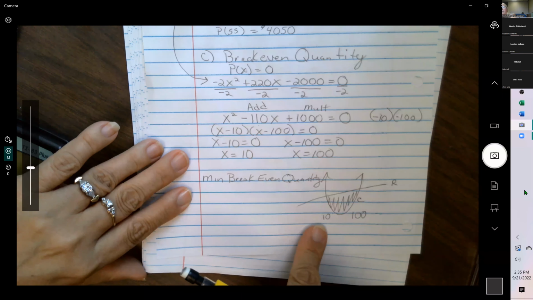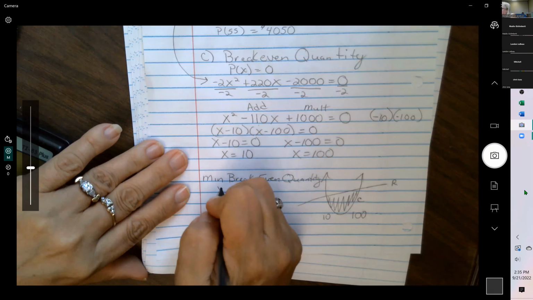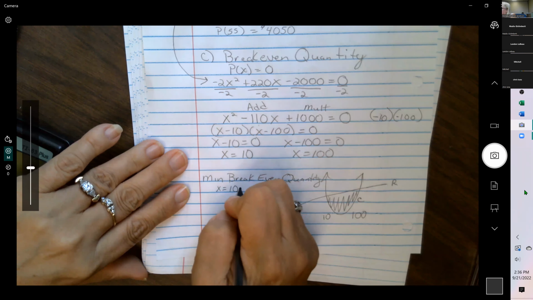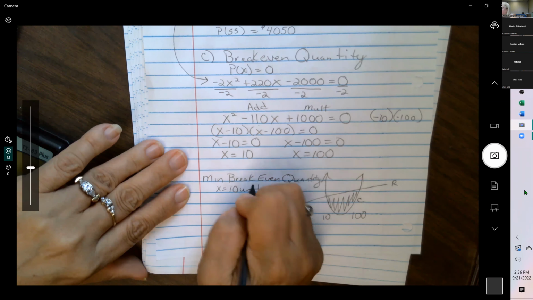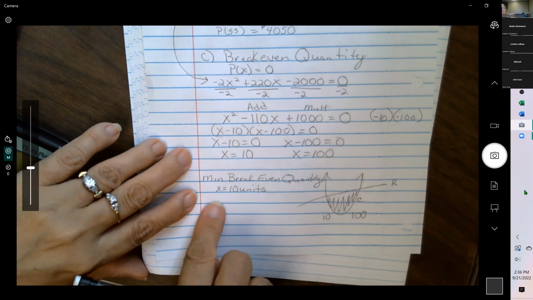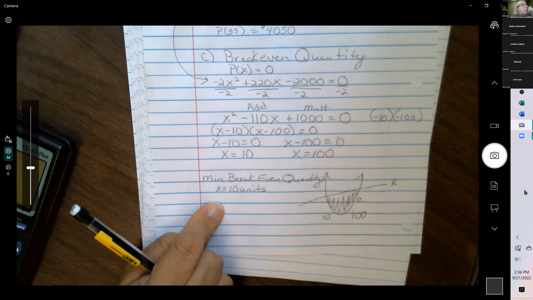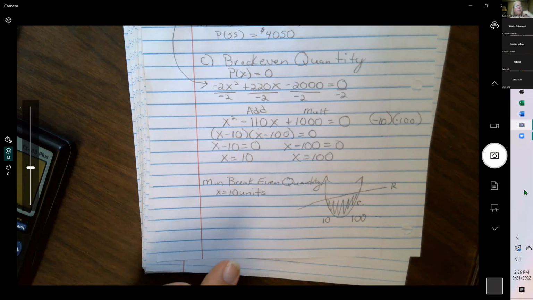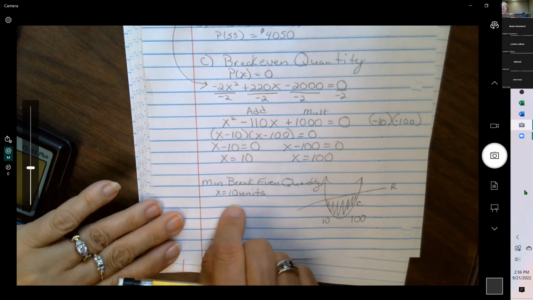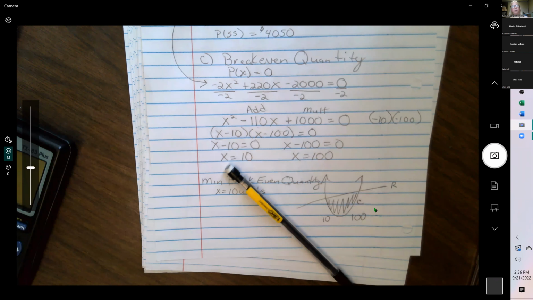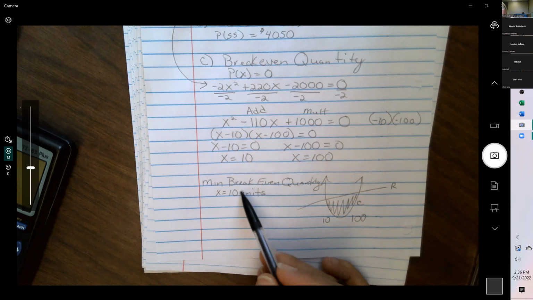The minimum break even quantity would be 10. This is where you start making money.